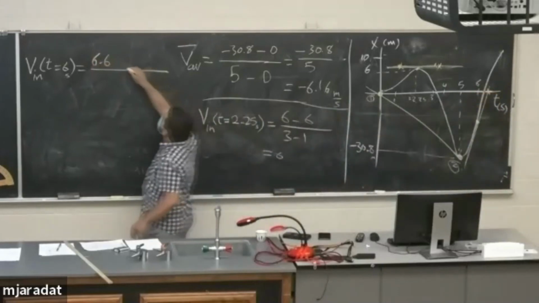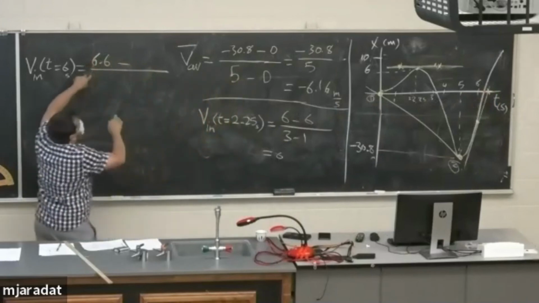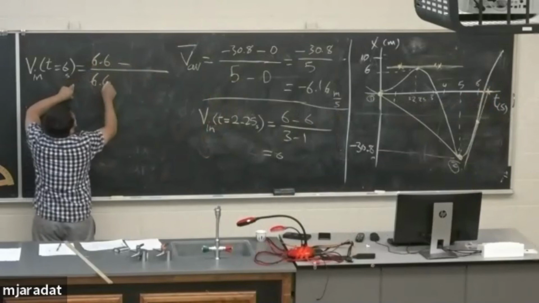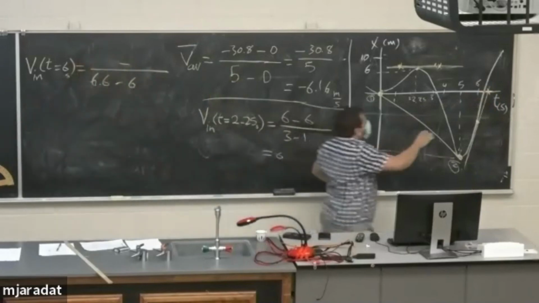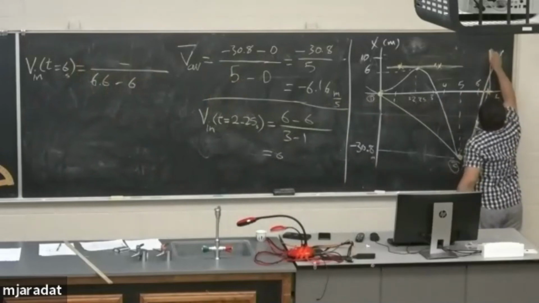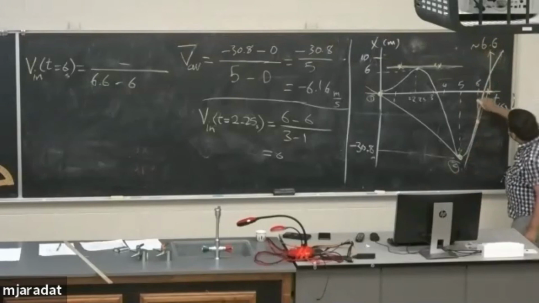Now I'm talking here about delta y. This is delta t, 6.6 minus 6, because I'm talking about this point, which is almost 6.6, and this point, which is at 6.